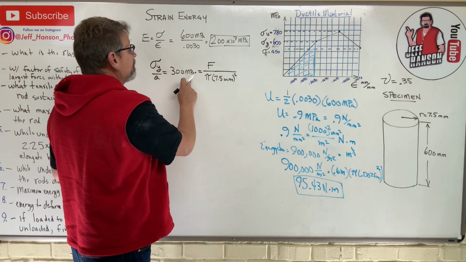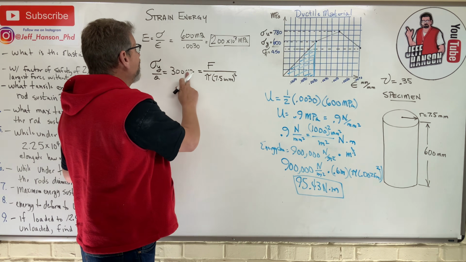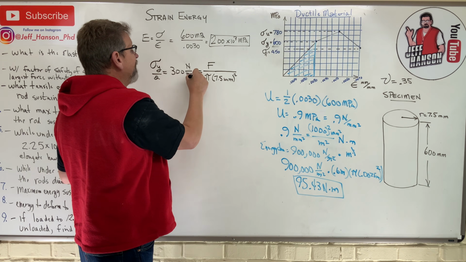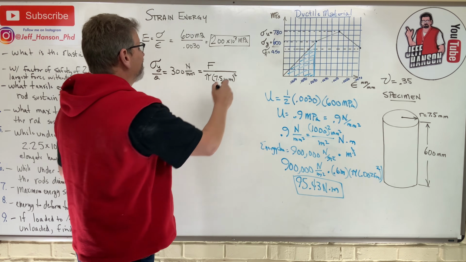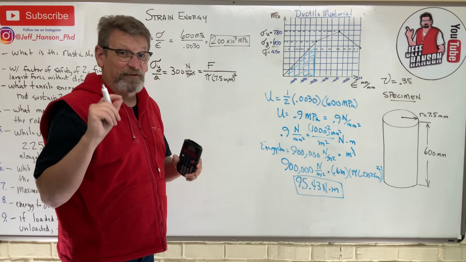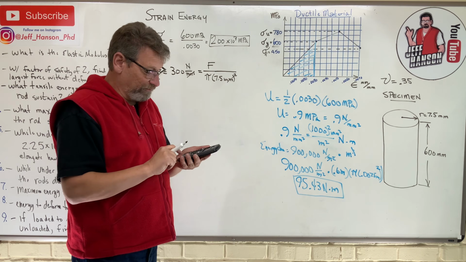Now, what is this over here? Megapascal is really a what? A Newton over millimeters squared, right? So when I multiply the other side by millimeters squared, those are going to go away, and it's going to leave me with newtons. So F is going to be in newtons, right? Okay? It's important that you get these units figured out.